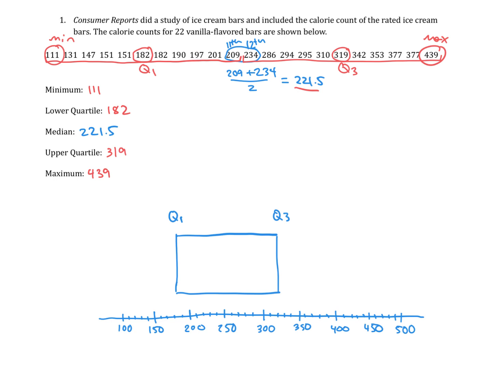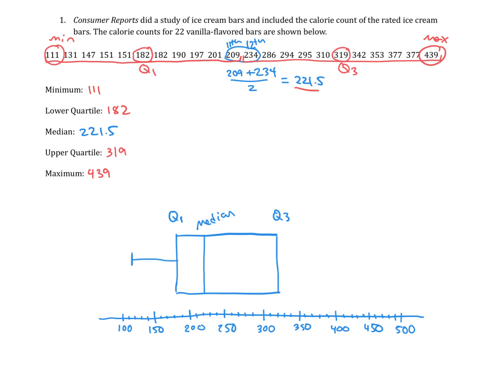Okay. Now, in the middle, I'm going to put the median. 221.5 would maybe be about right here. And then now it's time for the whiskers. And so we use our minimum value to make the lower whisker, 111, which would be down here.